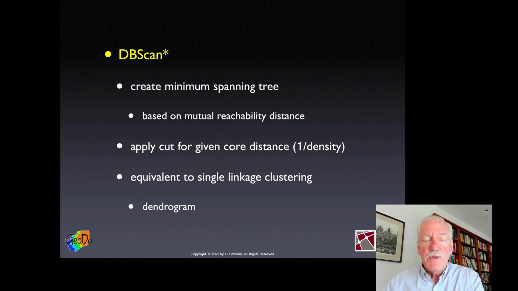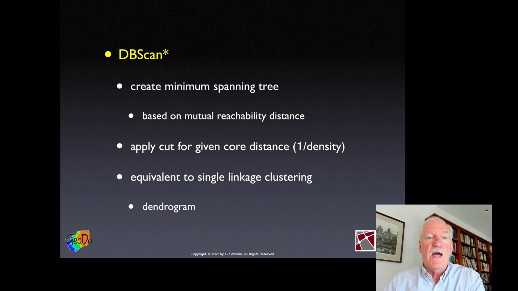So what this means for us, and this algorithm is called DBSCAN star, is we take the minimum spanning tree based on this new mutual reachability distance, and then we have a so-called flat cluster, as I mentioned, which is a cut at a specific core distance, and the core distance is the inverse of the density. So the smaller the distance, the higher the density, the larger the distance, the smaller the density.